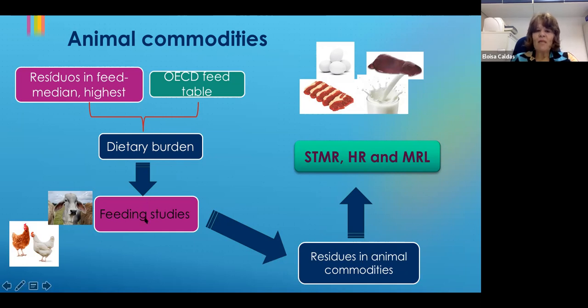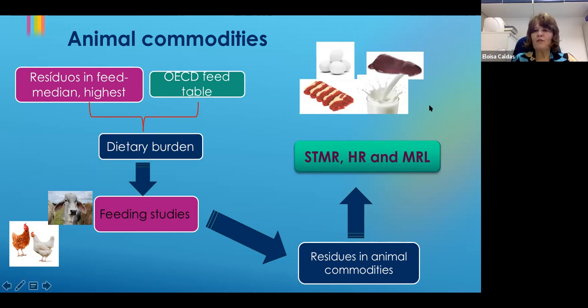And then they kill the animal after a certain time, normally 28 days, give that dose to the animal normally every day. At the end of 28 days, kills the animal, collect many things, collect feces, urine, and blood, gastric contents.